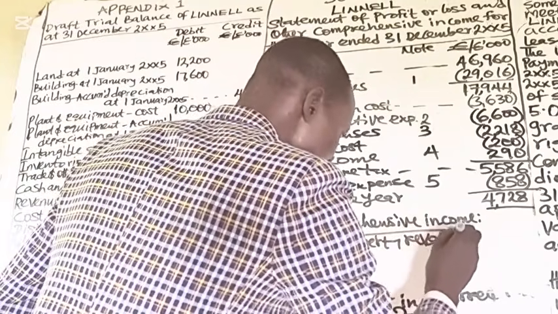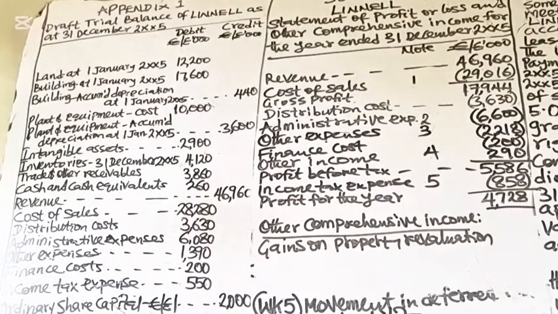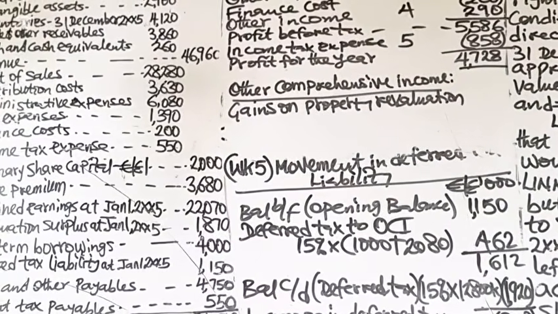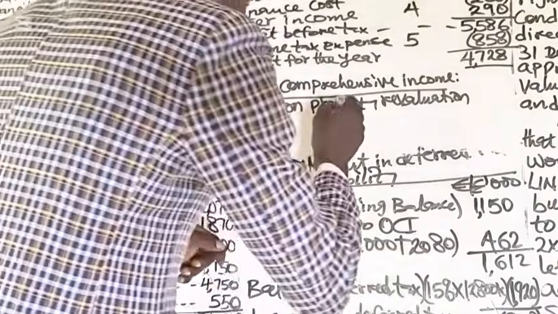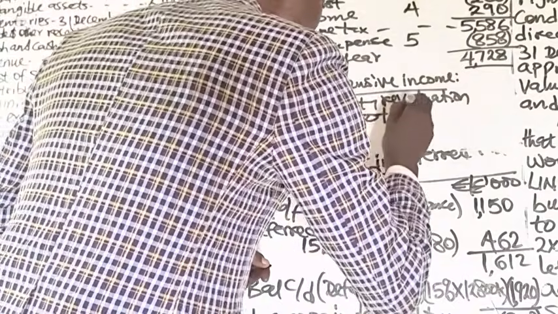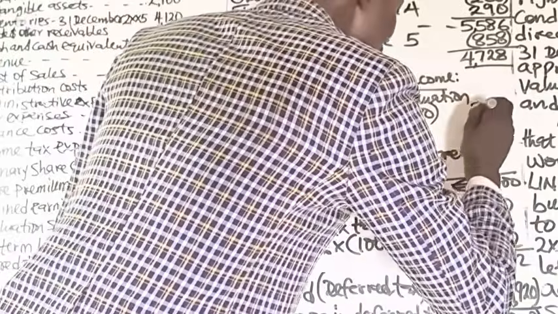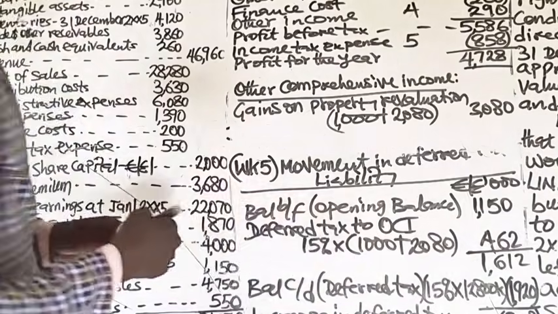And this gain was obtained from working number 4. Of course, that same gain has been used in the calculation of the amount of tax that will be expensed. 1 million plus 2,080,000, so we have the gains of 3,080,000. We said of this, we have the tax offset of 462,000.